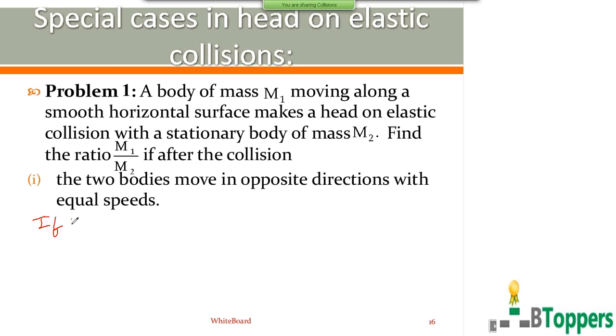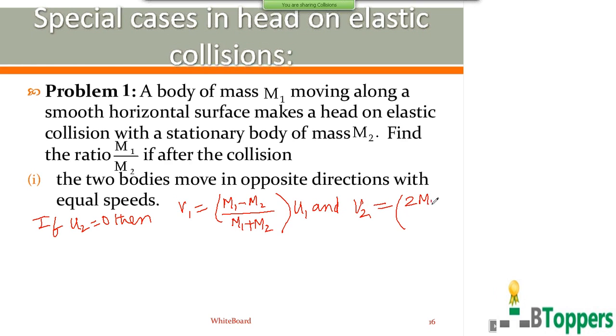If the initial speed of the second body before collision is 0, in the special case 2 which I discussed earlier, we can write V1 equal to (m1 minus m2) by (m1 plus m2) into u1, and V2 can be written as 2m1 by (m1 plus m2) into u1.